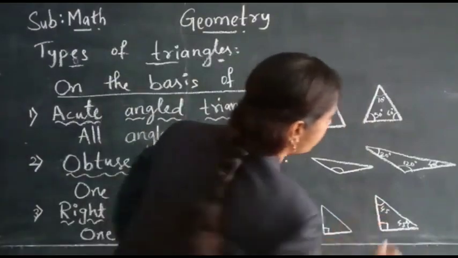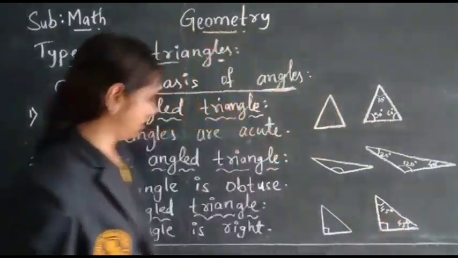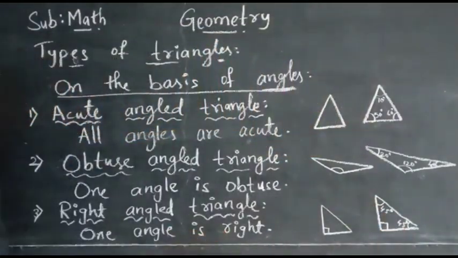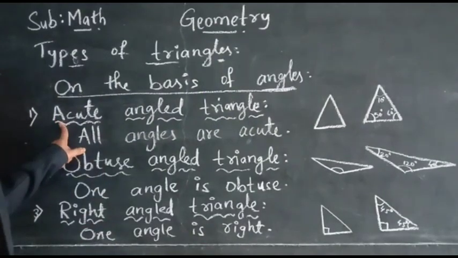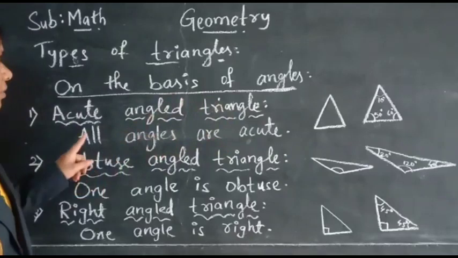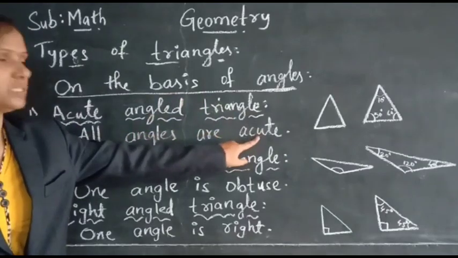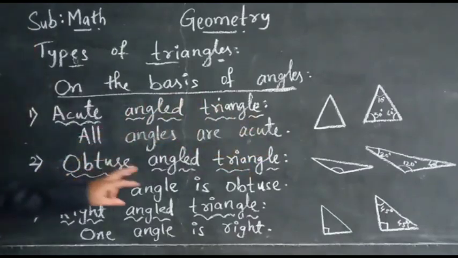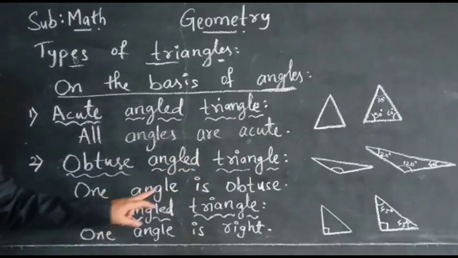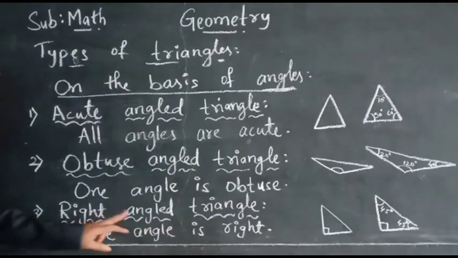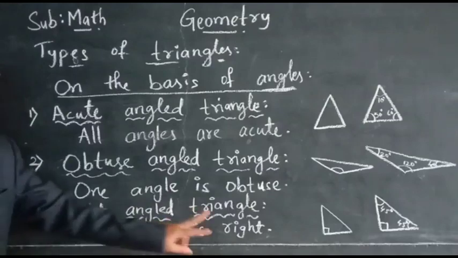But in the 3 angles one should be 90 degrees. Once again I am repeating, an acute angled triangle is nothing but all angles are acute, below 90 degrees. An obtuse angled triangle is nothing but one angle is obtuse, and a right angled triangle is nothing but one angle is a right angle.